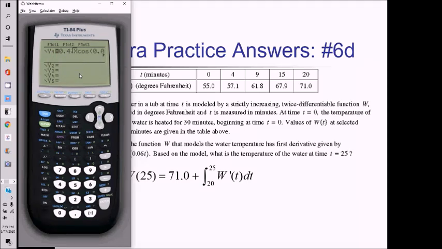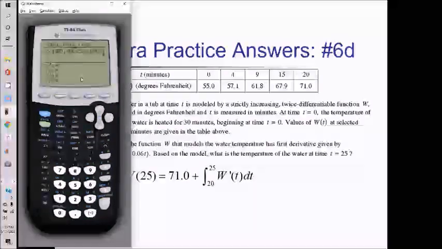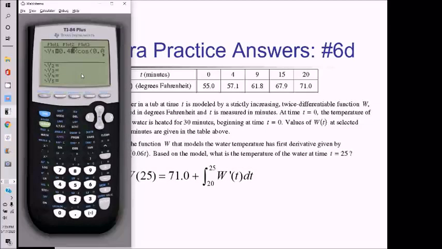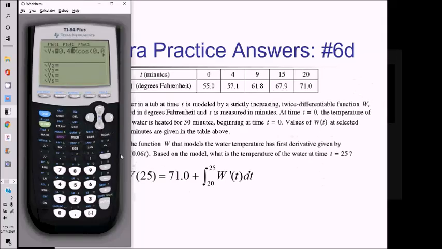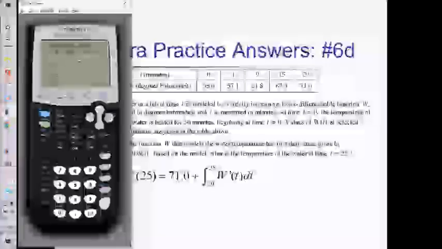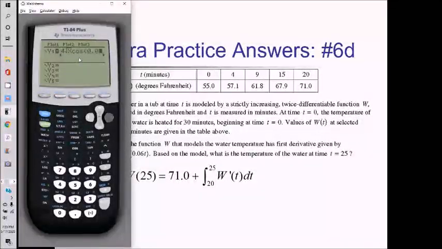So to cut down on my chances of making mistakes entering all of this, I'm actually going to store W prime as y1 in my y equals. Now be careful when you do this. Only the x should be inside the square root here, because here only the t was in the square root. You don't want to accidentally put the cosine under the square root as well. So just making sure that those are separate. And then I've got the cosine of 0.06 t, but I put an x in here.